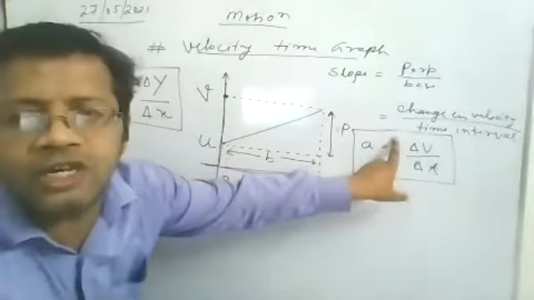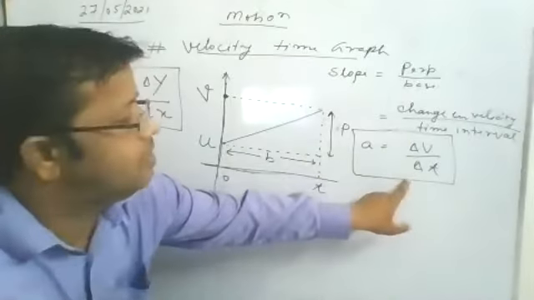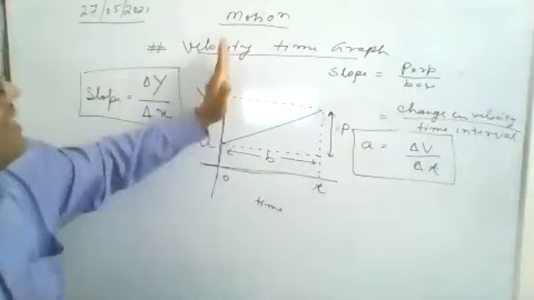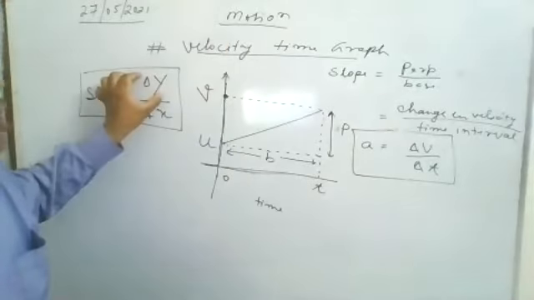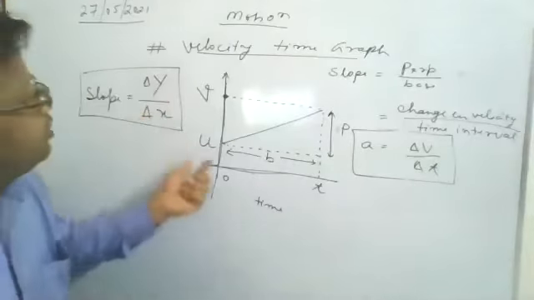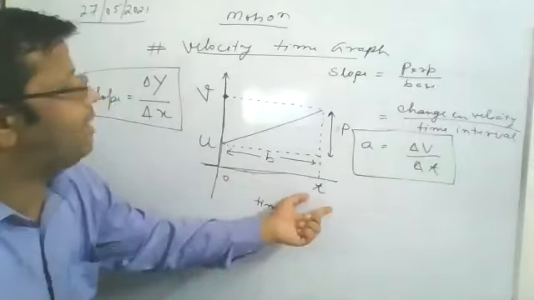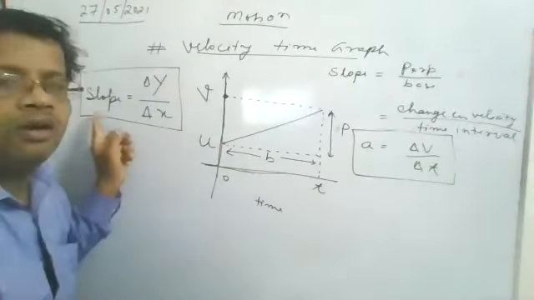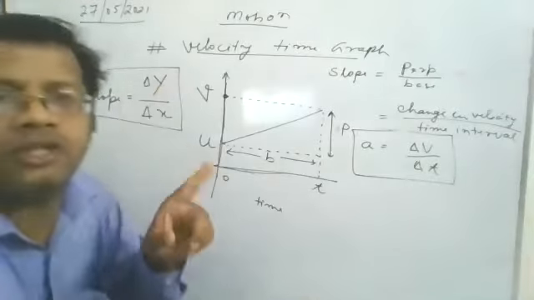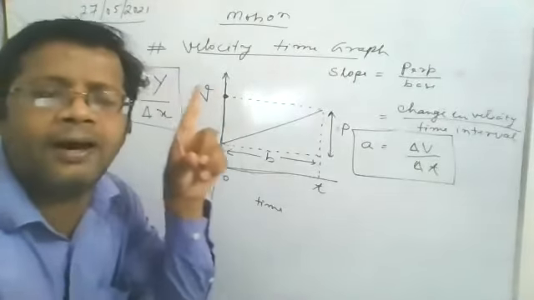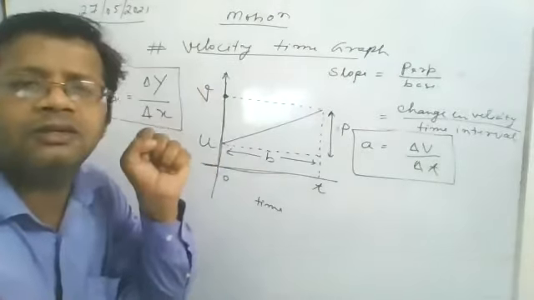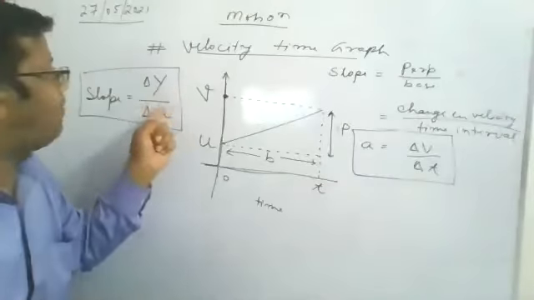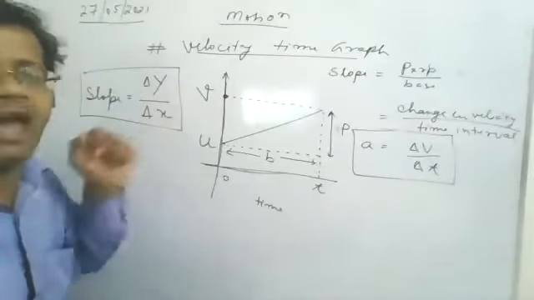The ratio is change in velocity per unit time. So delta y upon delta x is called slope. Delta means change. Change in physical quantity along y-axis upon change in physical quantity along x-axis.